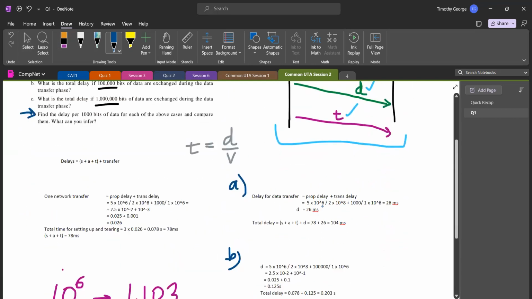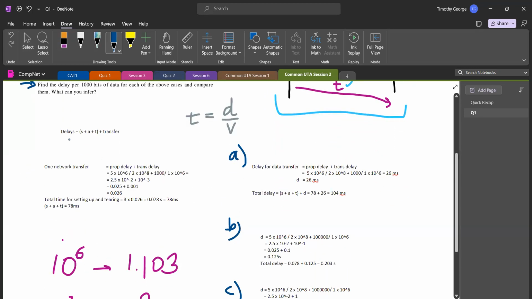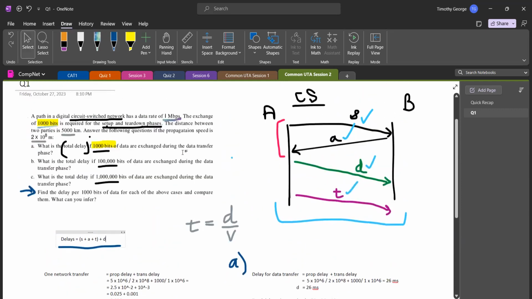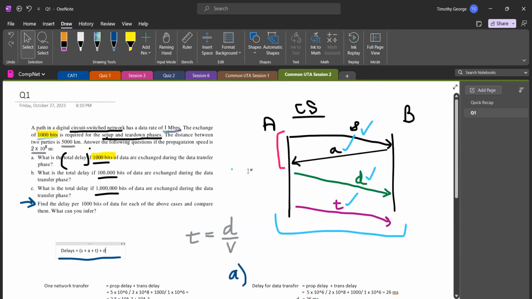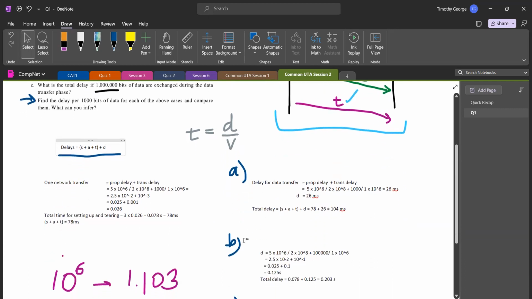Okay, so quick recap. This is how you needed to know how circuit switching works. You needed to know all the delays. So let me write this here as D, so it matches with the diagram. So you have S plus A plus T and D. For one transfer, just S is propagation plus transmission delay, then we multiplied by 3 because you have S, A, and T, and we got 78.